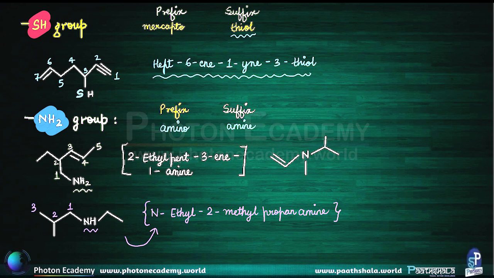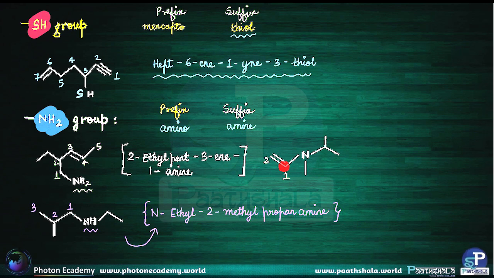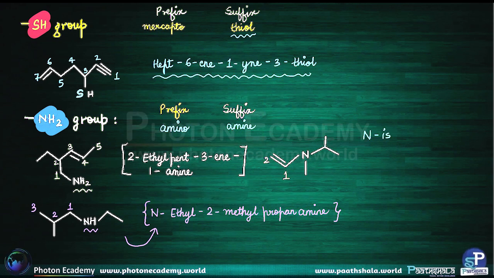Moving on to the next example over here that is present. So here we number this as 1 and 2 because this appears to have a double bond. So we make this particular as the main chain, and here these are the 2 substituents connected to this N. So what is the name of this compound? The name of this compound thus becomes, so at N we have an attachment called the isopropyl. So N-isopropyl.